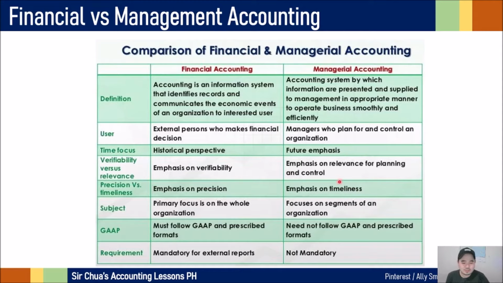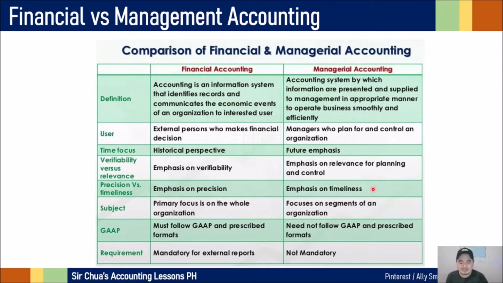And then for managerial accounting, we emphasize relevance of the information that the managers need in order to plan, to decide, and to control operations. Now, financial accounting emphasizes precision while managerial accounting emphasizes timeliness. And as you know, when information is not timely anymore, it becomes not relevant anymore as well.